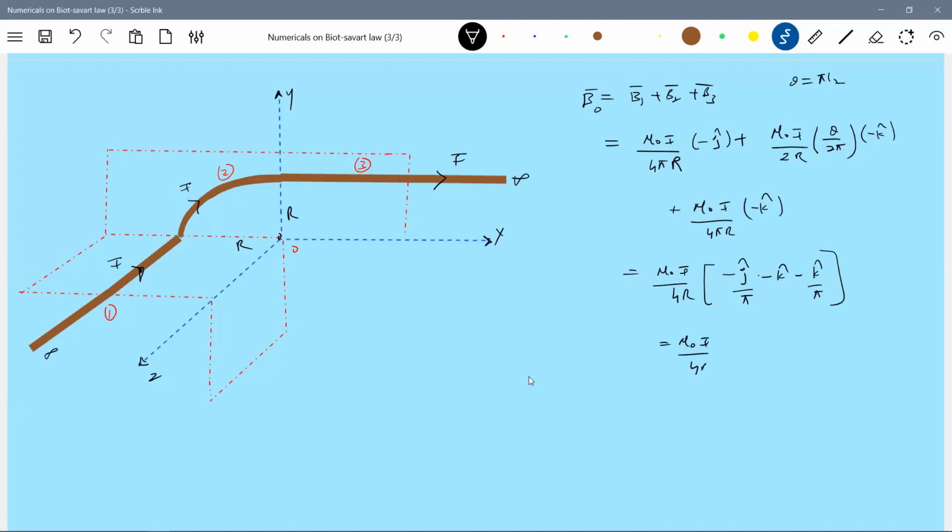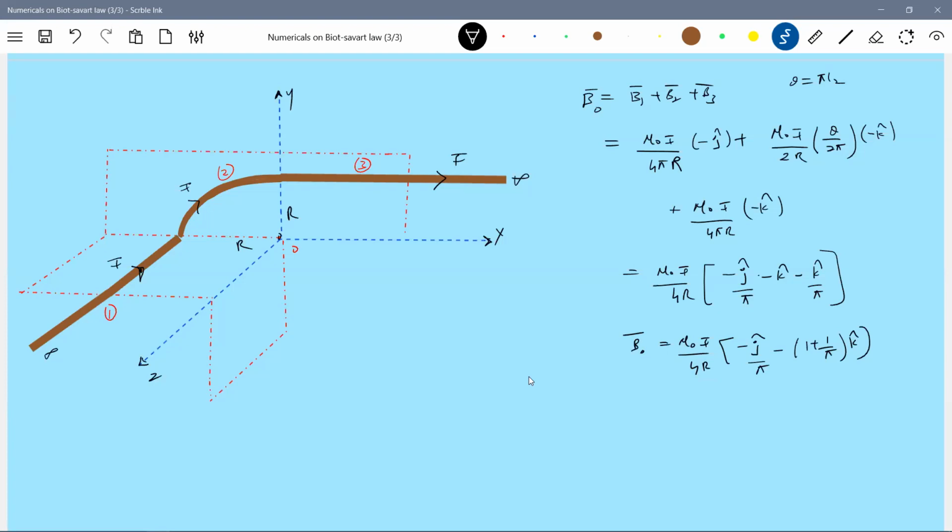So mu naught I by 4r, minus j cap, by pi. Okay, see this. So this will be the magnetic field strength at point 2.